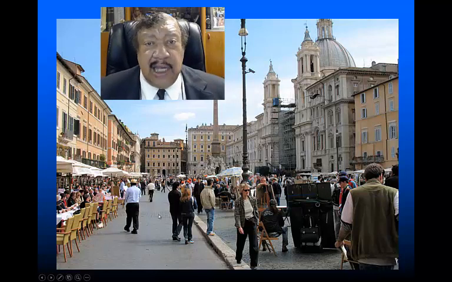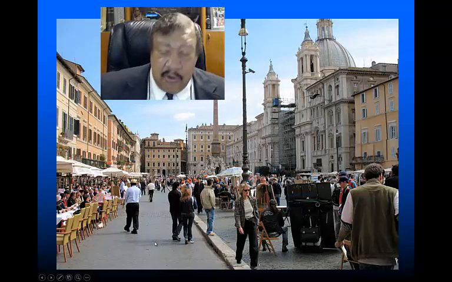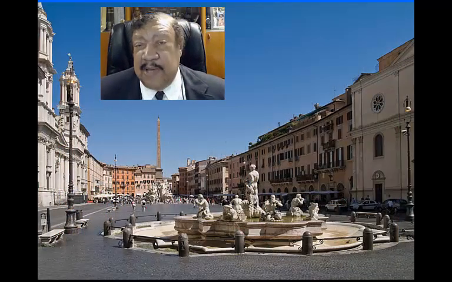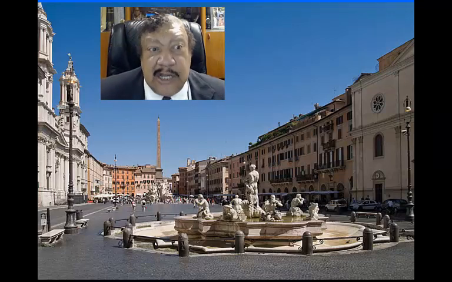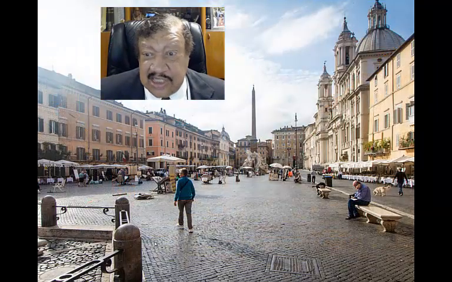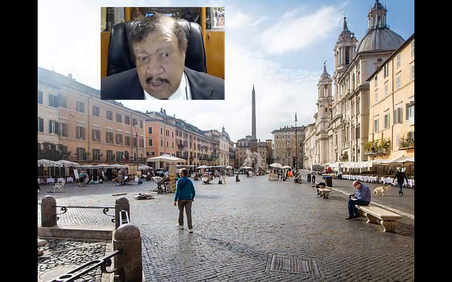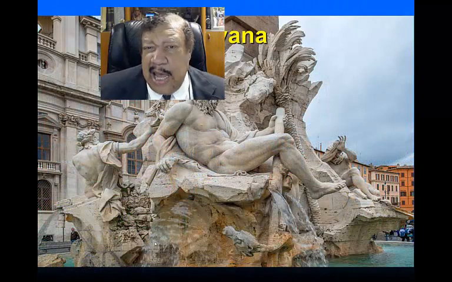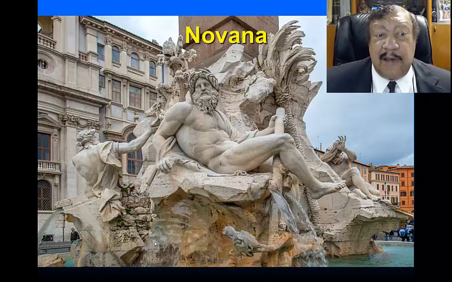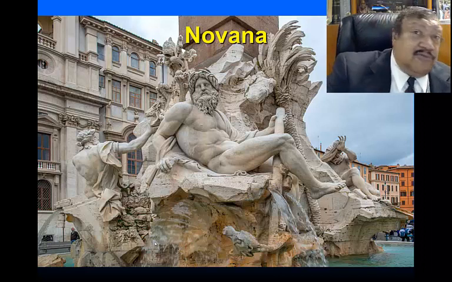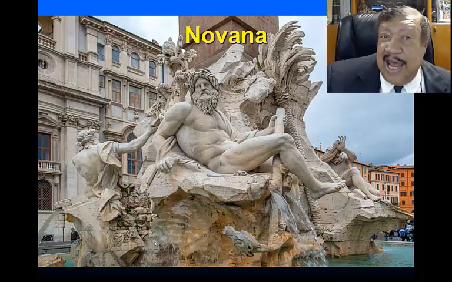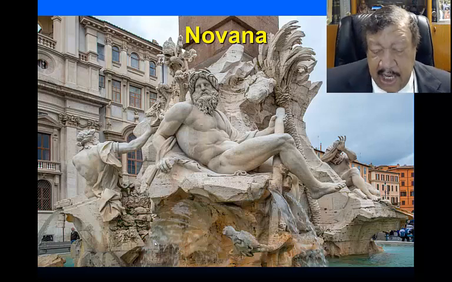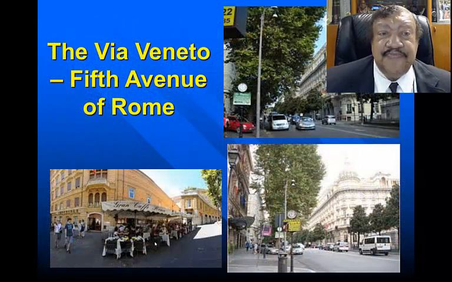You can sit here all day and have a cup of coffee and no one will bother you. So this is European living, the Piazza Navona, and I want all of you to visit this square. Cars are not allowed here, and you can enjoy sculpture. Remember, sculpture can be seen from 360 different angles. That means the sculptor is giving you 360 different pictures.